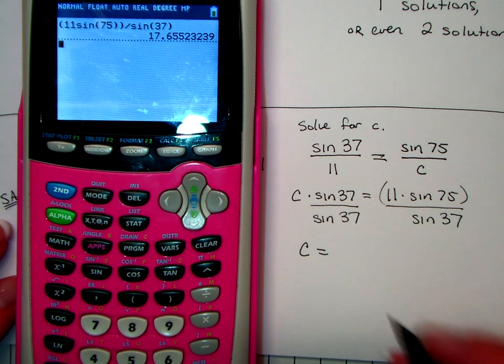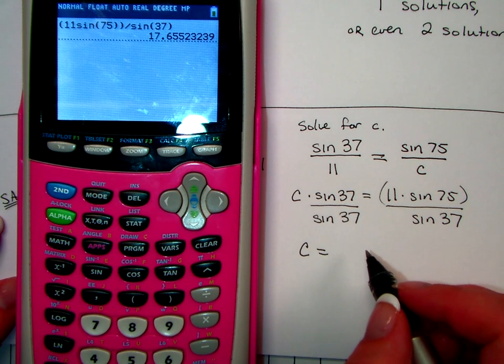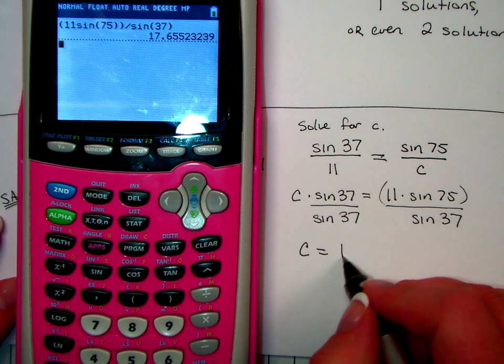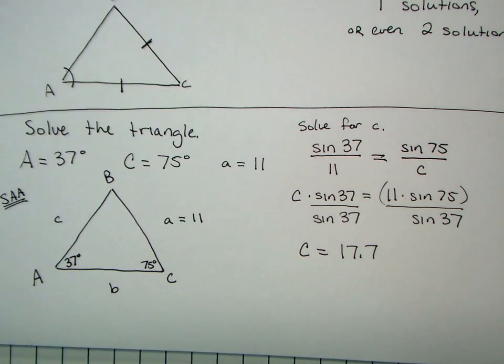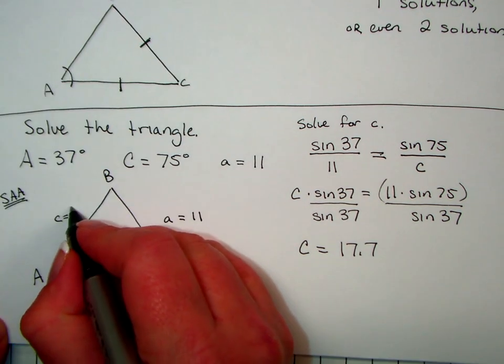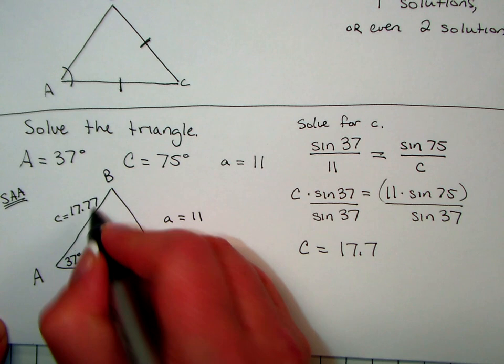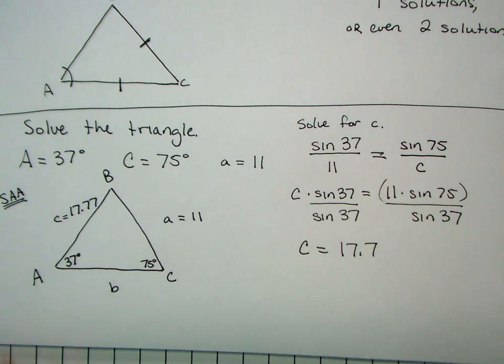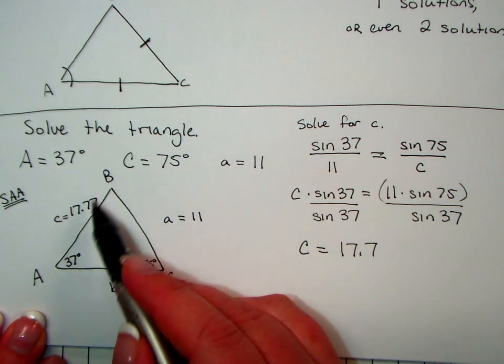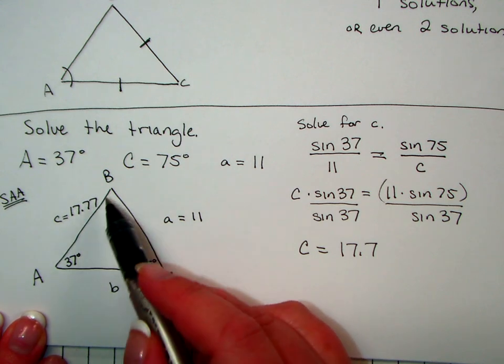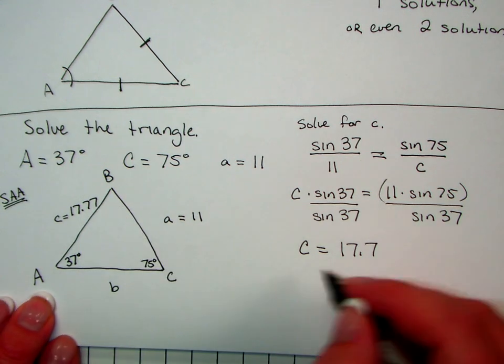All right, so I get 17.655, so I'm going to round that to 17.7. That's little c, so I'm going to label that. Now to solve this triangle, I need to find angle B and side b. Angle B is just a matter of subtracting from 180.